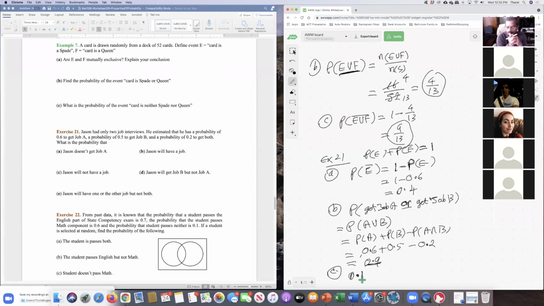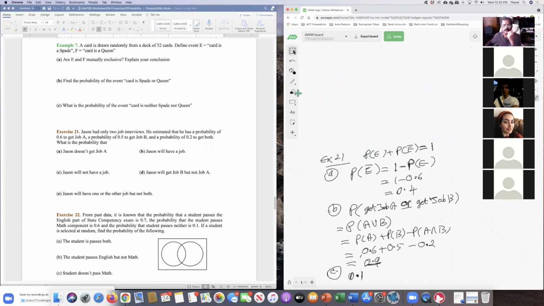Okay, now it says Jason will have job B, but not job A. For that, we have to go to a Venn diagram. I'm going to clear part of the screen. Let's put these numbers on the Venn diagram to be able to answer the next question.